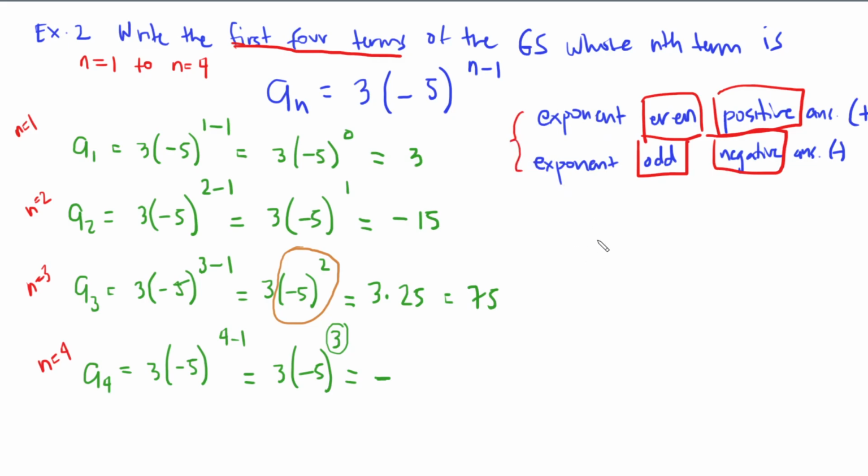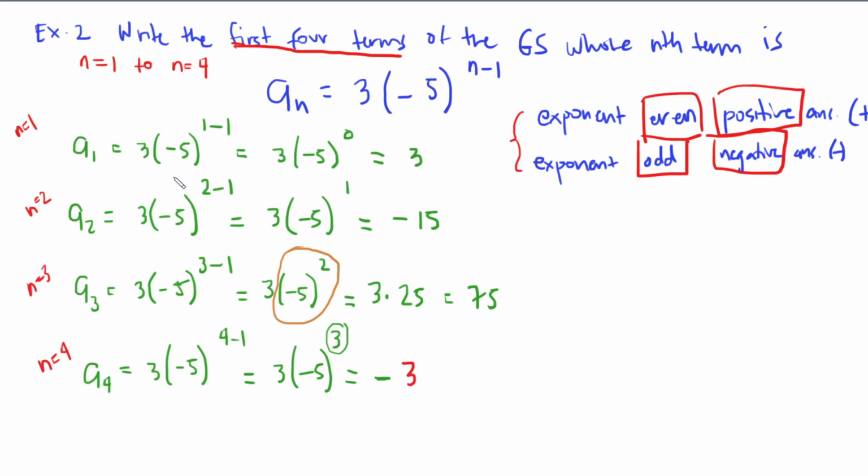Okay? So, yung exponent. Okay, so obviously negative na to. So, negative 5 times negative 5, negative 25. Times negative 5 is negative 125. Okay, times 3, that is, ilan? That is negative 375.